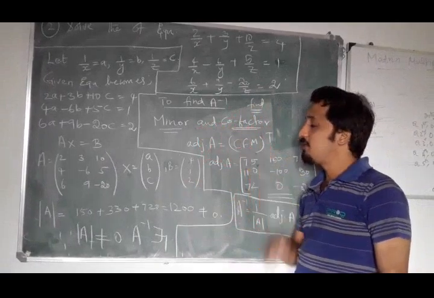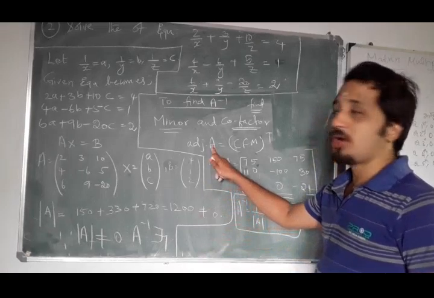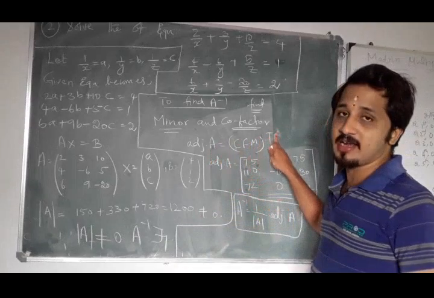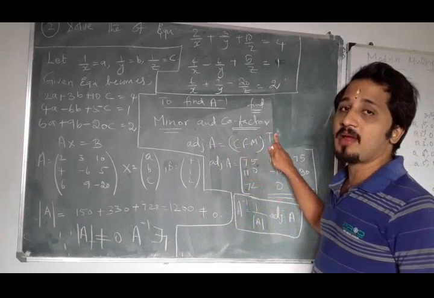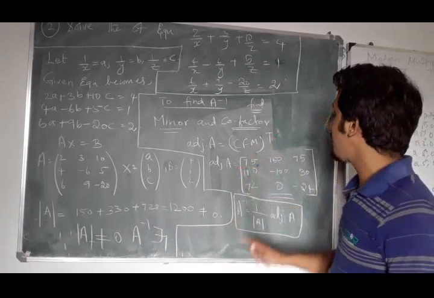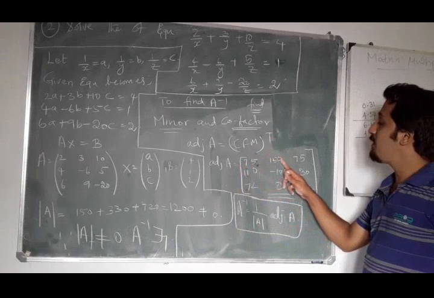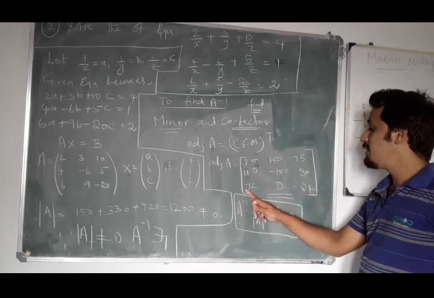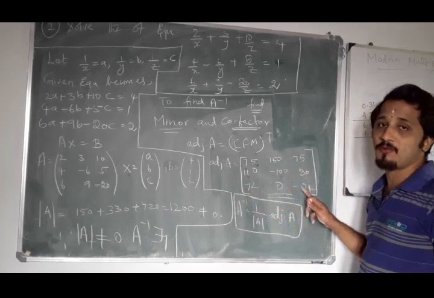So now find out the minor and cofactor, and the adjoint of the given matrix capital A is nothing but the cofactor matrix transpose. After finding minor and cofactor, the adjoint of the given matrix is 75, 150, 75, 110, minus 100, 30, 72, 0, minus 24 you will get.